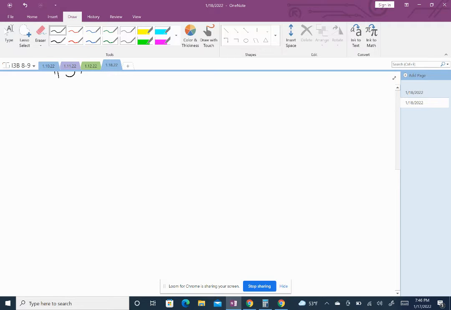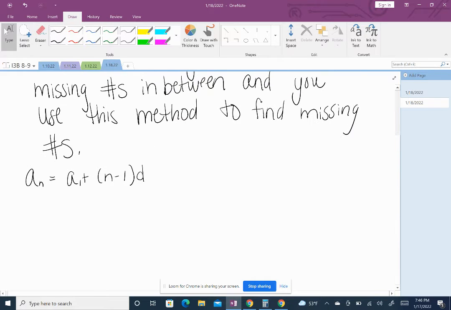And then real quick, we're actually going to be using the same equation that we have been using before. So it's going to be a to the nth equals the first term plus n minus 1 times your d. So for the arithmetic mean, you are already going to know your a of n. That's going to be your last term.